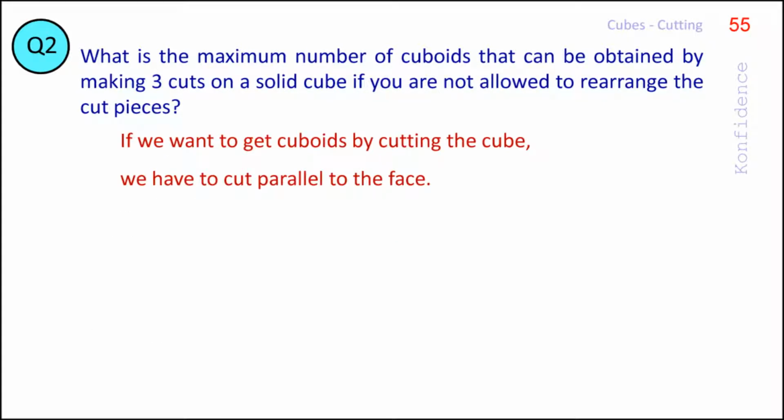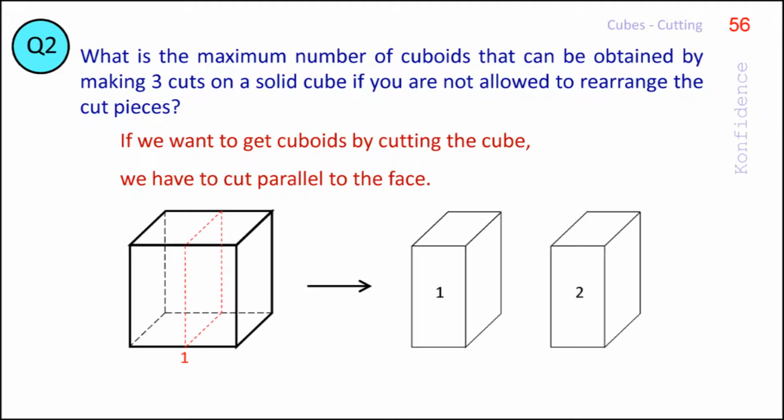If we want all the pieces obtained by cutting a cube to be cuboids, we should be cutting parallel to a face of the cube. If we cut obliquely, we will not get cuboids. The figure shows the situation when we cut a cube parallel to a face once. Because of this cut, we get 2 cuboids.